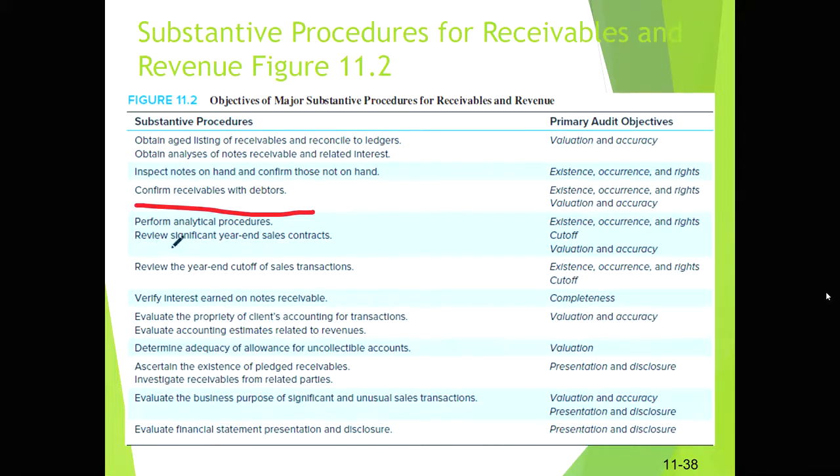But something that would be more directly related to revenue would be looking at the sales contracts that were made close to year end, right? So if the firm is attempting to inflate its earnings, or excuse me, its revenue at the end of the year, one thing they might do is put in very generous right of return specifications or provisions in their sales contracts that are close to the end of the year, right?